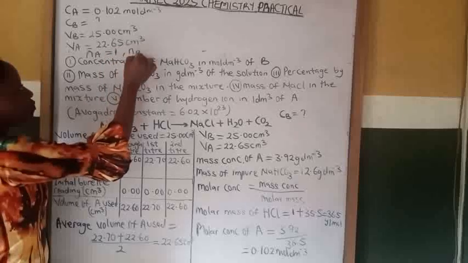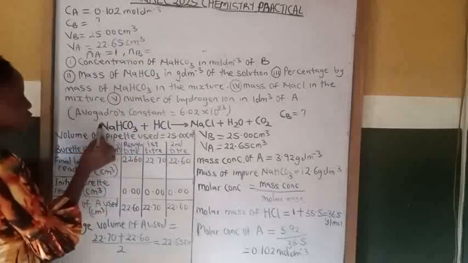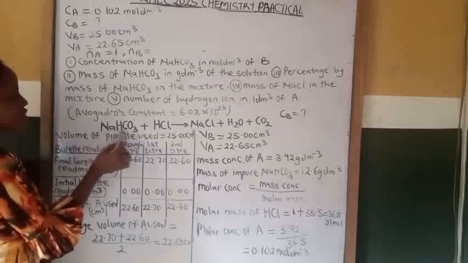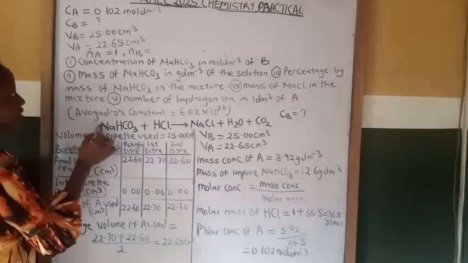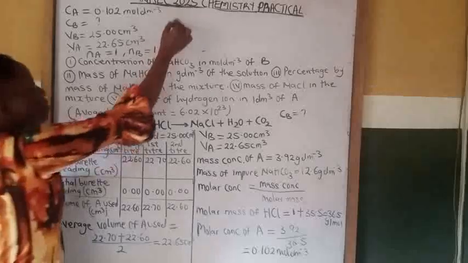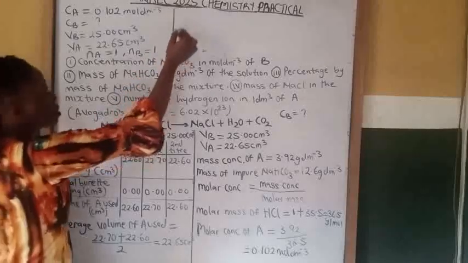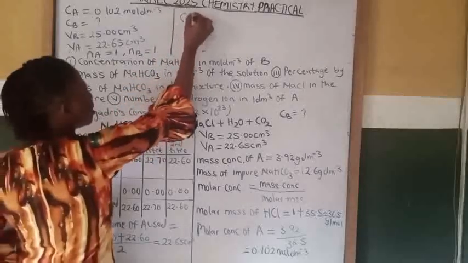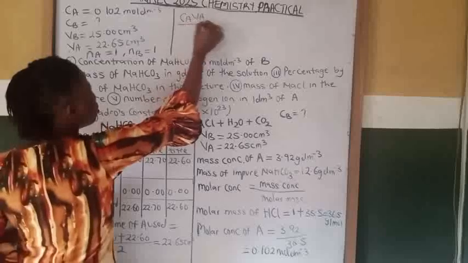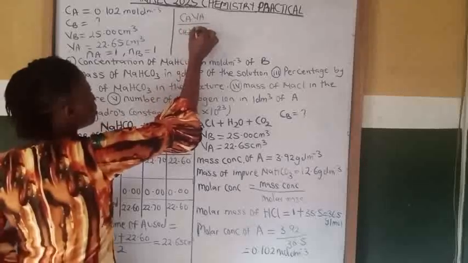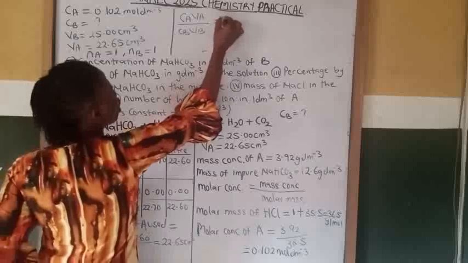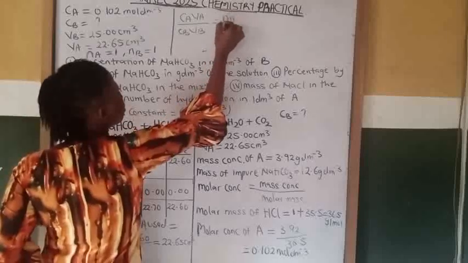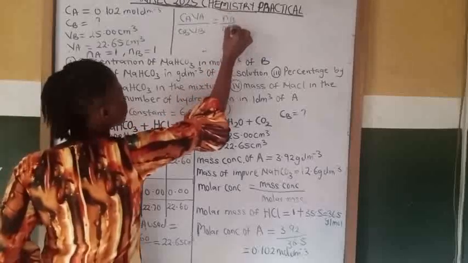The number of mole of base will be the coefficient of your base. Your base is sodium hydrogen trioxocarbonate, so the coefficient is 1. Therefore, you can use your general formula, which is Ca Va over Cb Vb equal to Na over Nb.